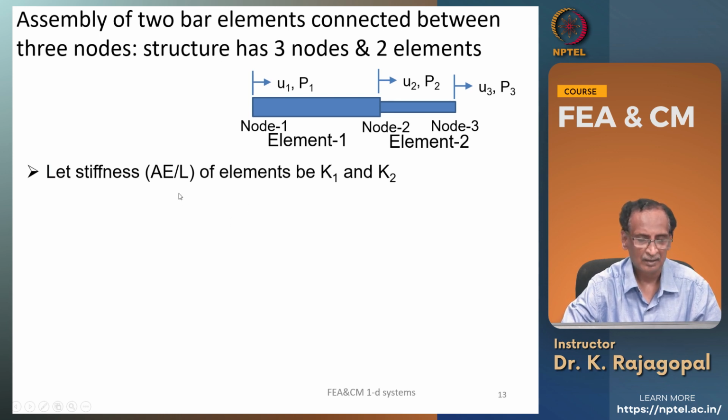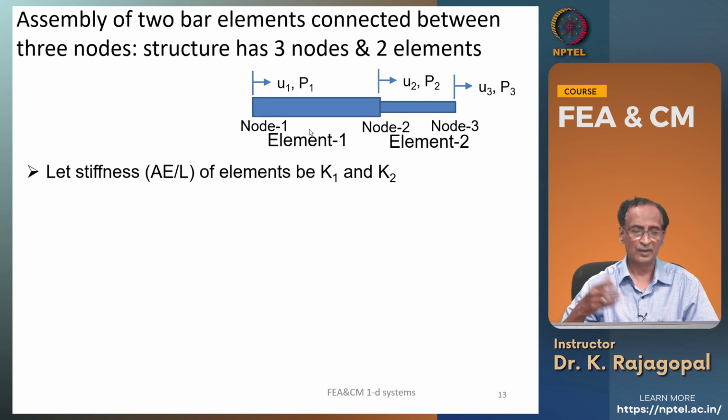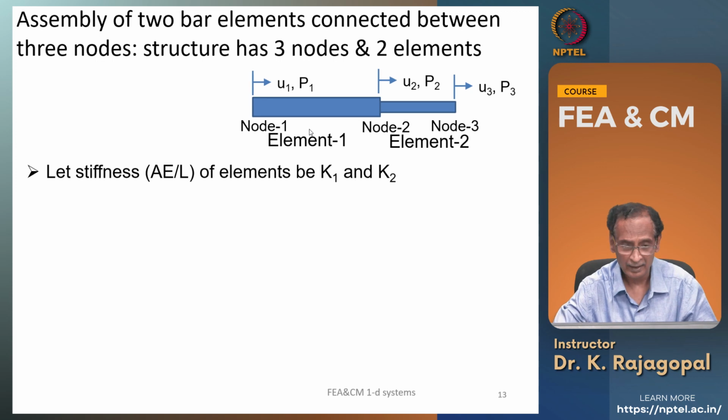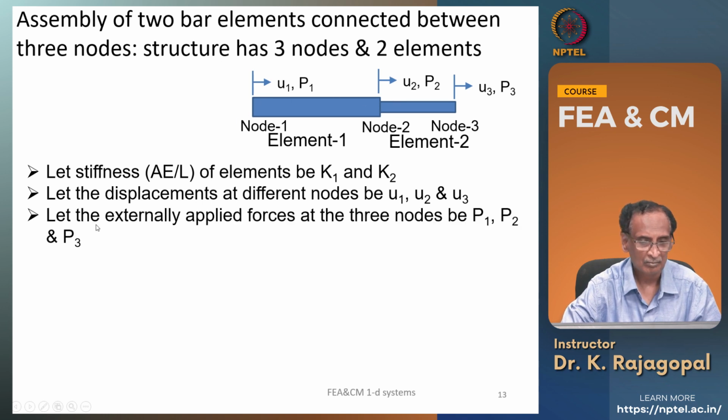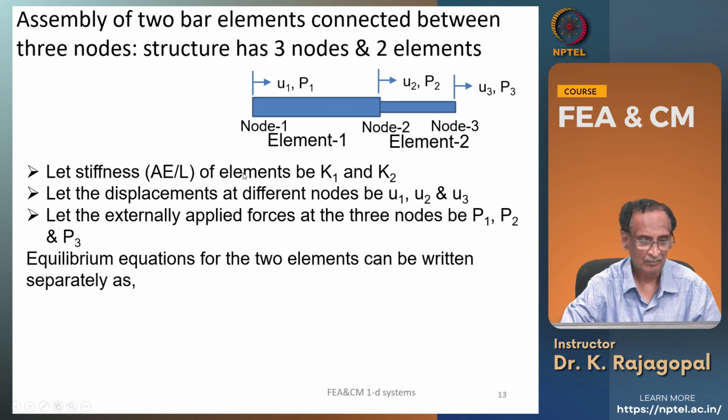Let the stiffness of these 2 elements be K1 and K2, because theoretically each element can be made of different material. They may have different length and different cross sectional areas and so on.